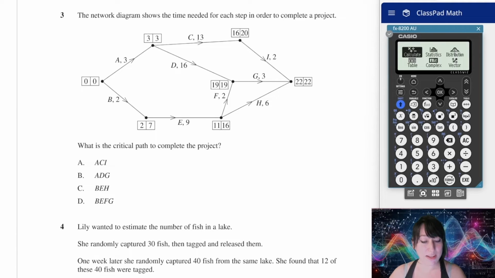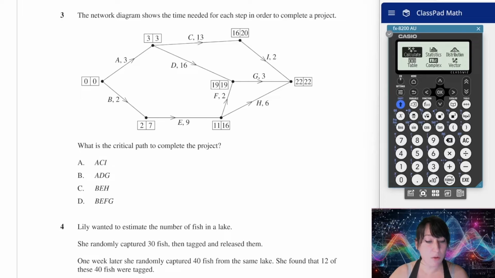Okay, question 3 is about critical path analysis in networks. It says the network diagram shows the time needed for each step in order to complete a project. It says, what is the critical path to complete the project? If we observe the network diagram, we can see that a forward and backward scan has already been completed.